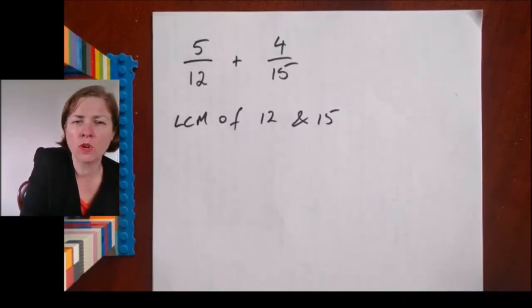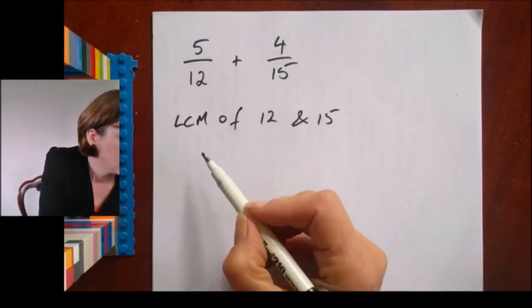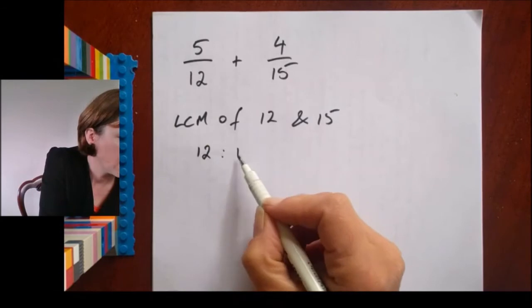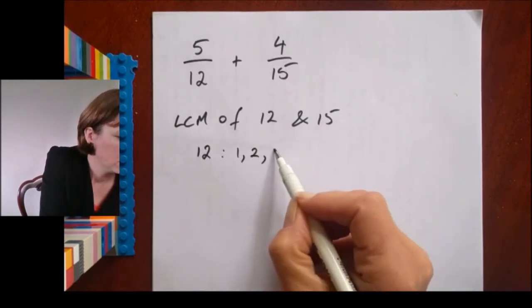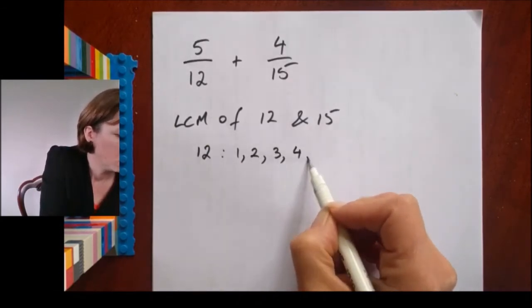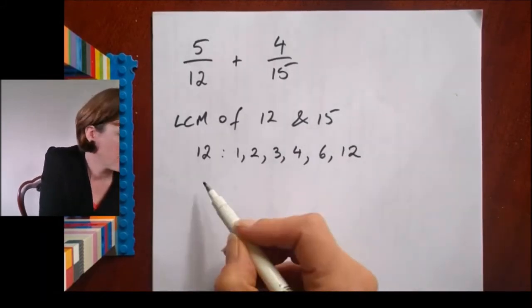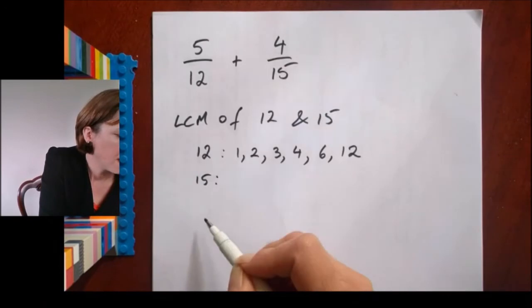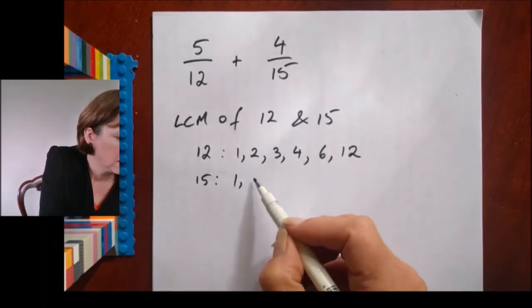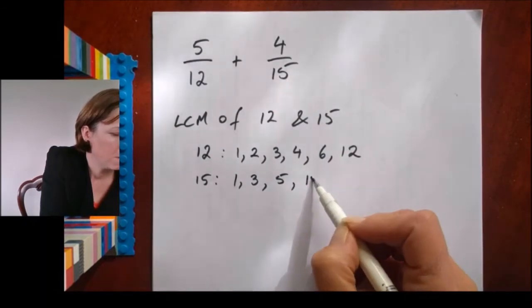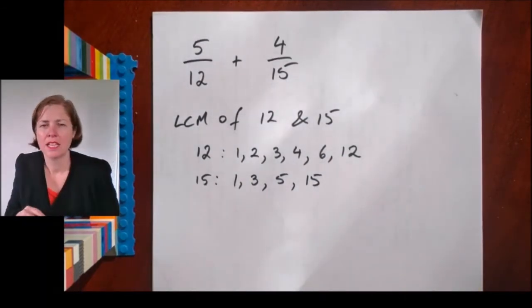What I look for is a common factor. So 12, what are the factors of 12? I've got 1, 2, 3, 4, 6, and 12. 12 has a lot of factors. For 15, my factors are 1, 3, 5, and 15. Now let's just double check these.